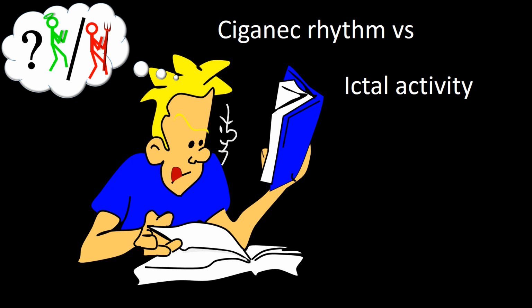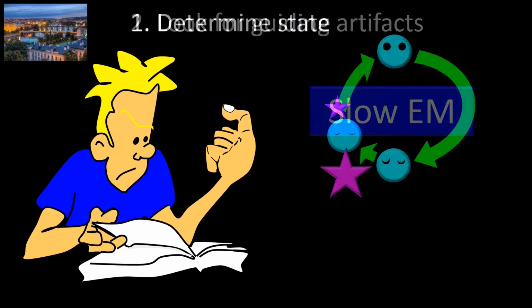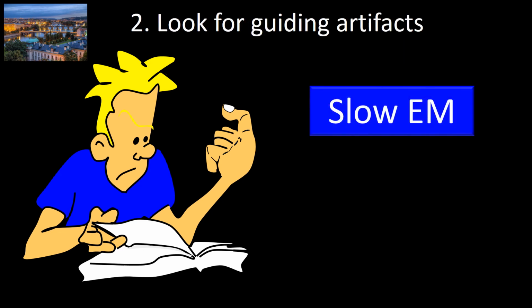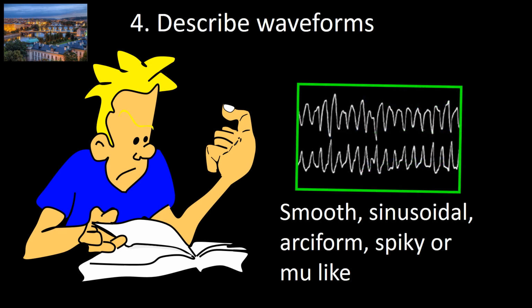Zeigarnik rhythm must be distinguished from ictal activity. It is usually present during drowsiness or early sleep, so it may coincide with slow extraocular movements. Zeigarnik rhythm is best appreciated using a transverse bipolar montage, where it presents as a smooth sinusoidal or arciform spikes conglomerate.